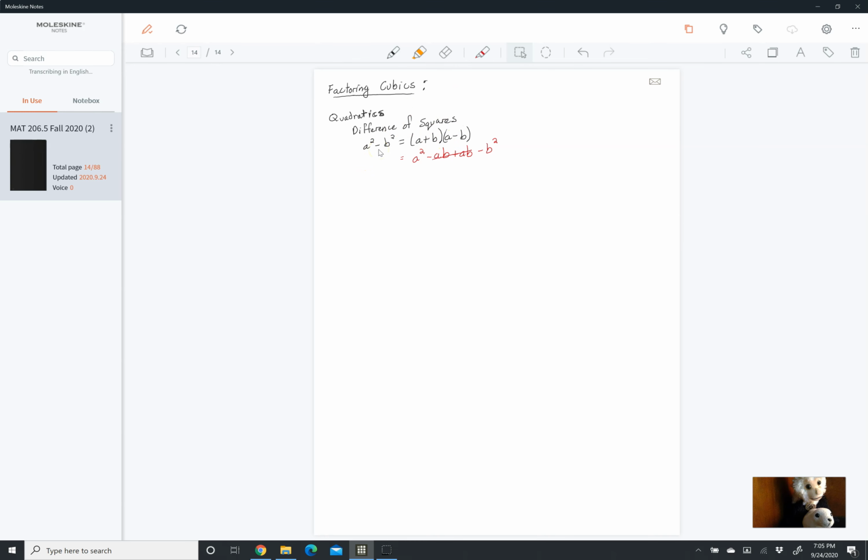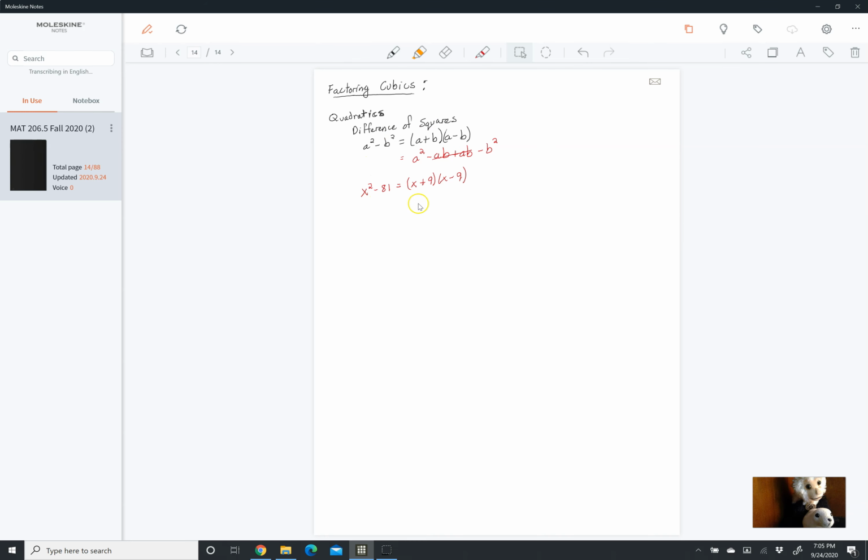So for example, if we have x squared minus 81, x squared is a perfect square, 81 is a perfect square. So when we factor it, it becomes x plus 9 times x minus 9. So this only works when we have a difference of squares. If you're adding, then you can't do this, okay?